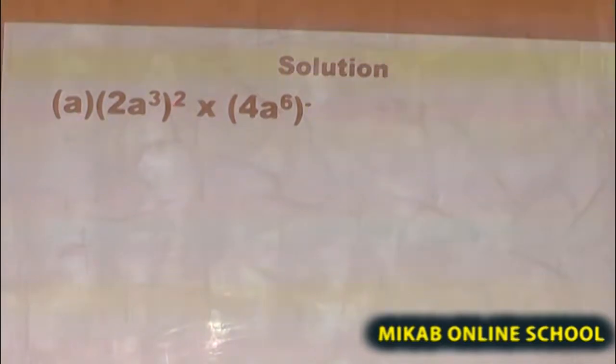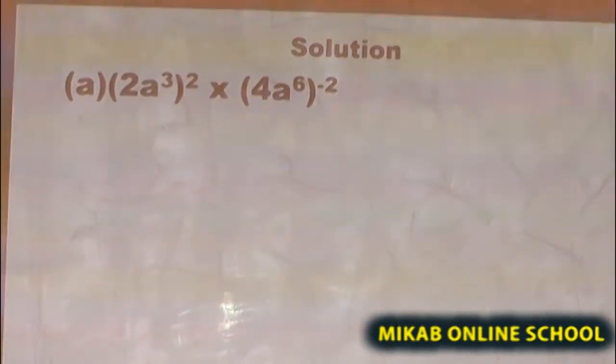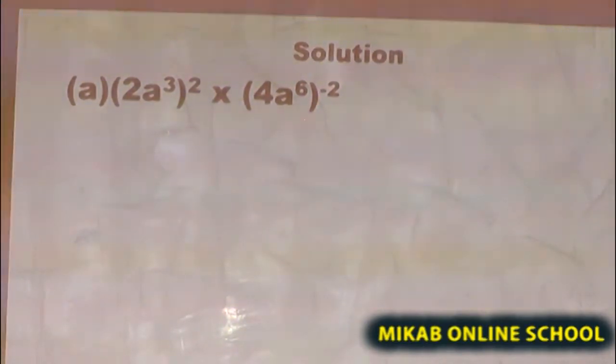(2a raised to the power of 3) raised to the power of 2, times (4a raised to the power of 6) raised to the power of minus 2.